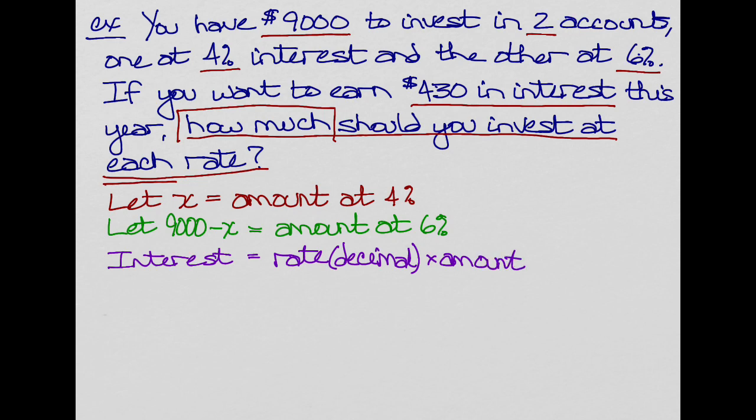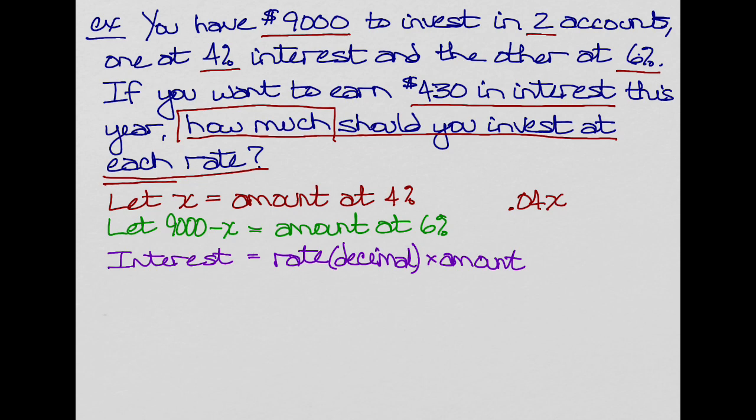So the amount of interest that I'm going to earn on the 4% account is the rate in its decimal form. I'm going to move the decimal point 2 places to the left, so that's 0.04 times the amount. Well, I don't know what the amount is, but I have a name for it. It's x.